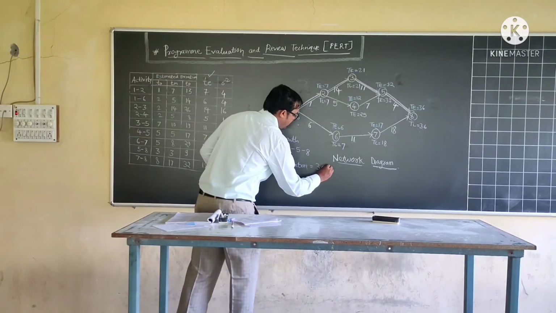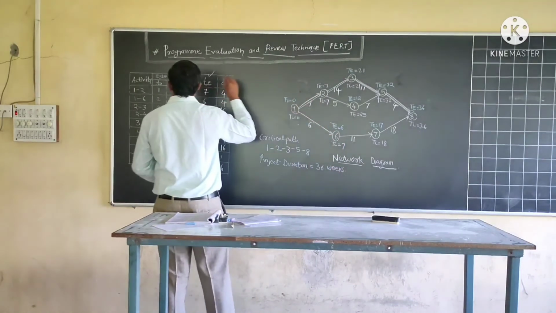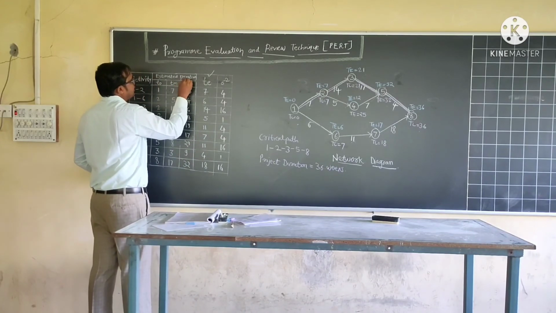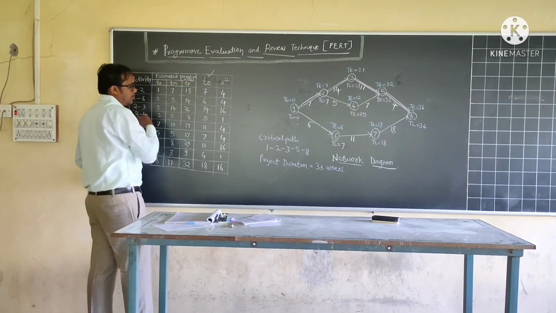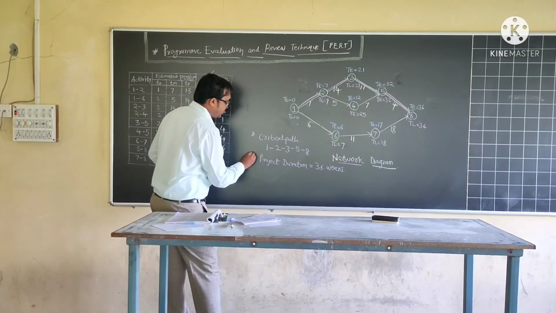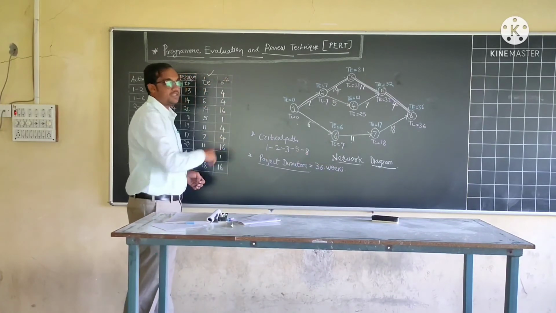That means 36 weeks. Let us consider these estimated durations are given in weeks. Therefore, 36 weeks. So this is the critical path and this is the maximum project duration, with the help of this network diagram.